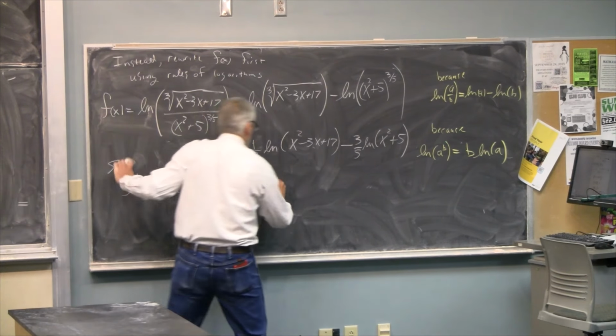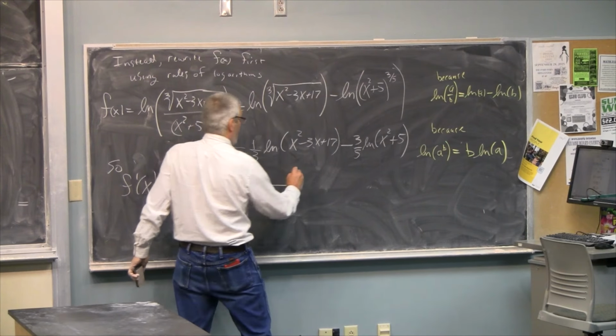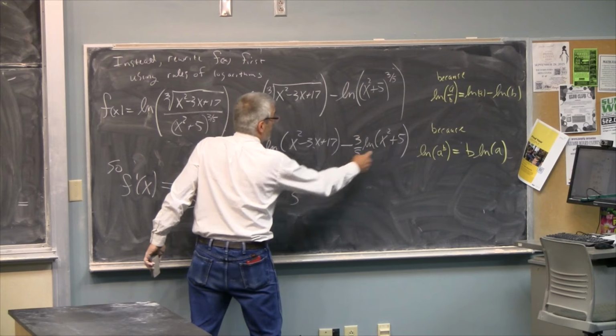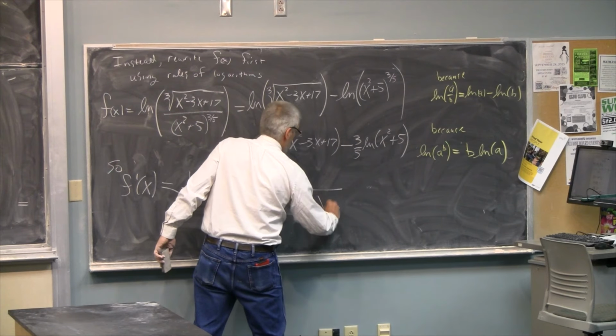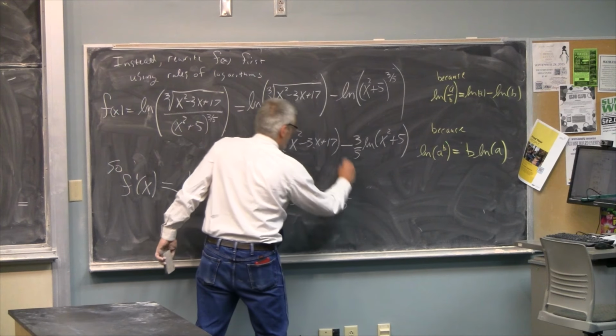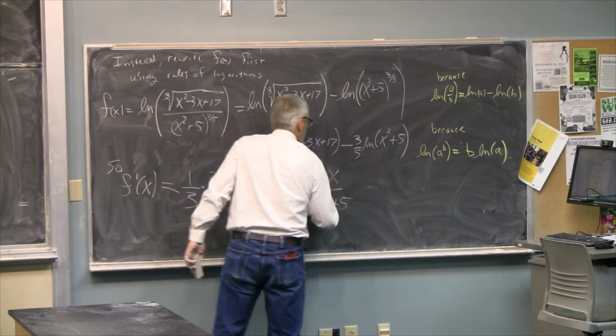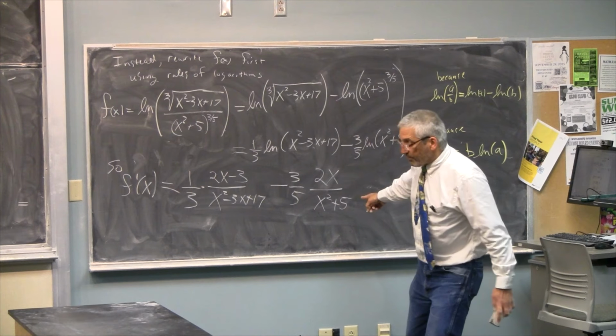And over here, I'm going to have minus 3/5. That function is going to be on the bottom, and its derivative is going to be on the top, 2x. That's using the result of example 2.